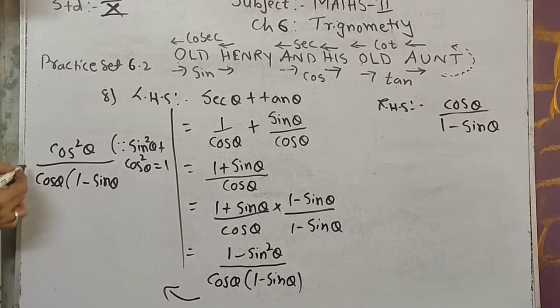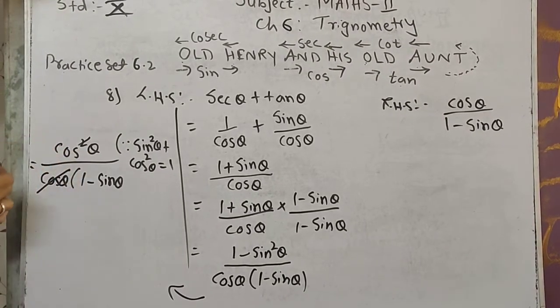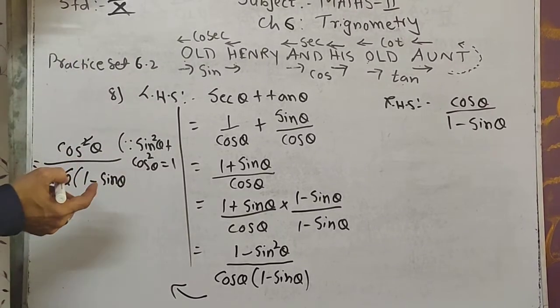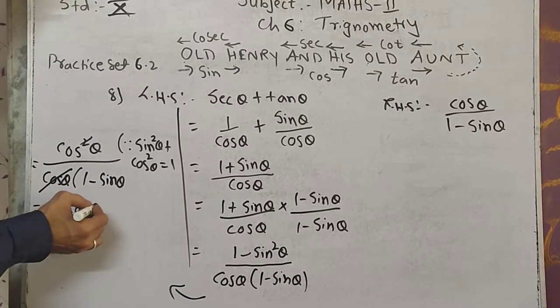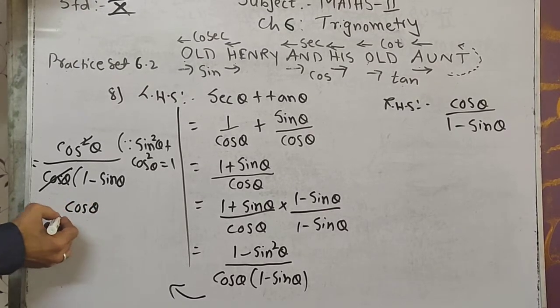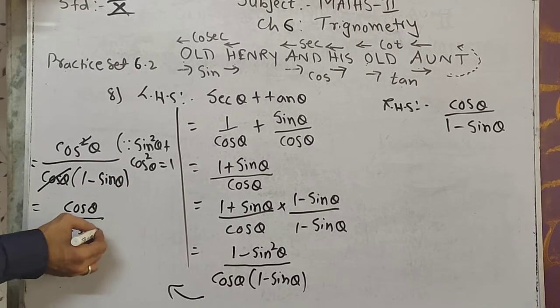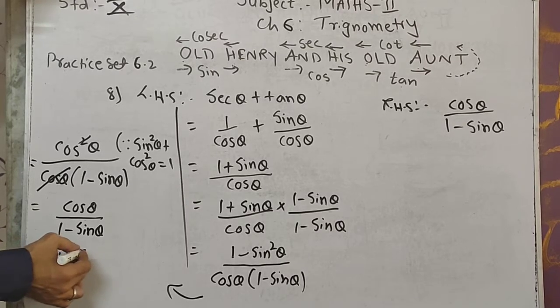Now here you can see, the cos theta in the denominator and one cos theta from cos square theta will get cancelled. You will get cos theta upon 1 minus sin theta. So left hand side equals right hand side.